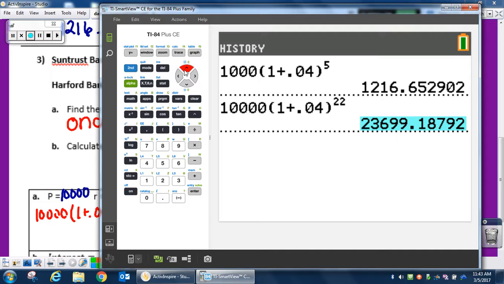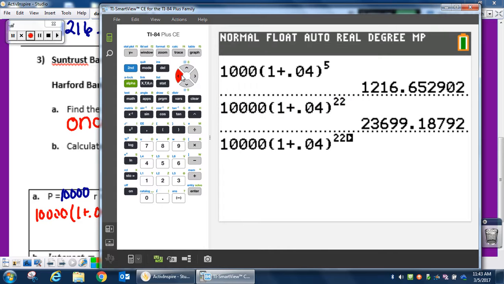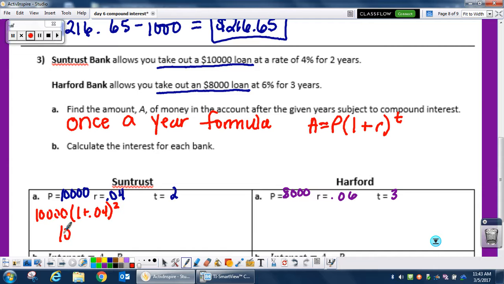Can I go back up and edit this? Let's see. To the second power. All right, so that means for that loan, we would have to pay $10,816. Okay?